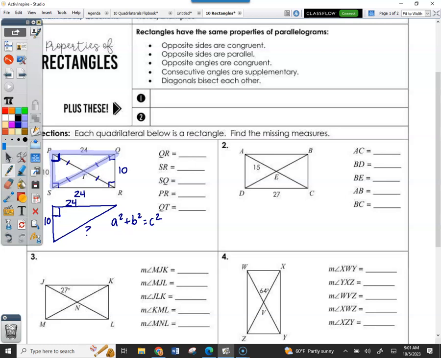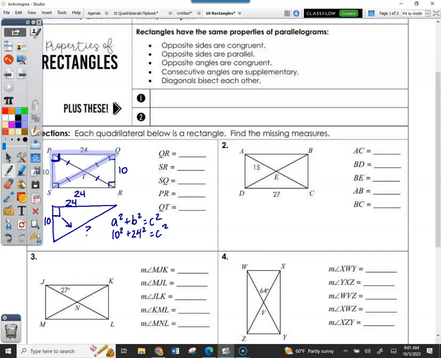The hypotenuse is always the side opposite of the right angle. So in this case, I don't know C. So I would plug 10 and 24 into A and B. It doesn't matter which one you plug them into because they're both getting squared and then added together. So the order does not matter there. But I don't know C, so I'm going to leave it as that.